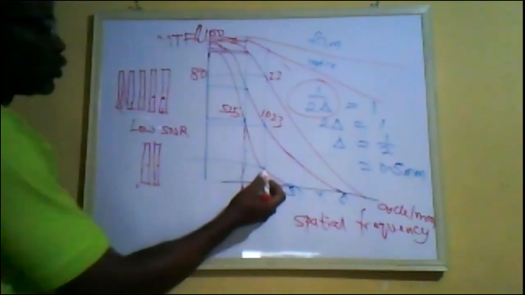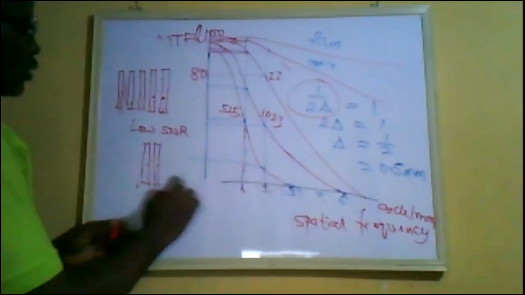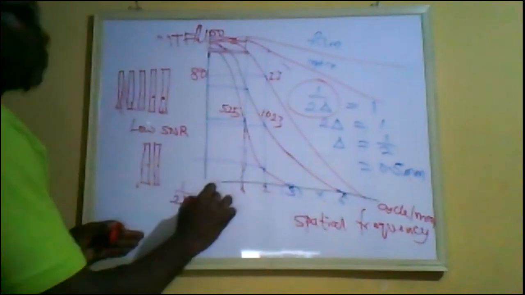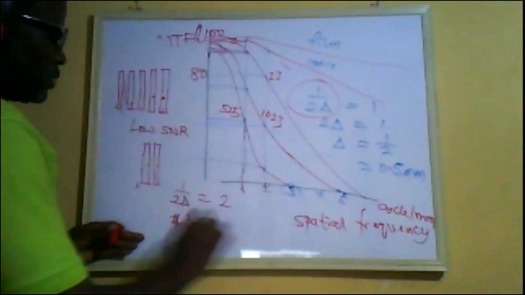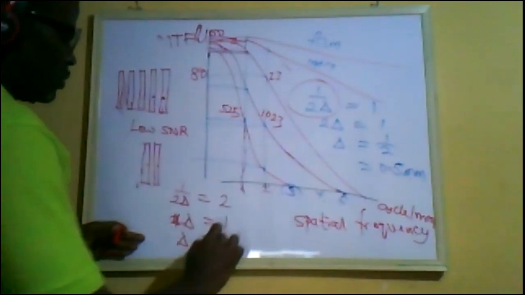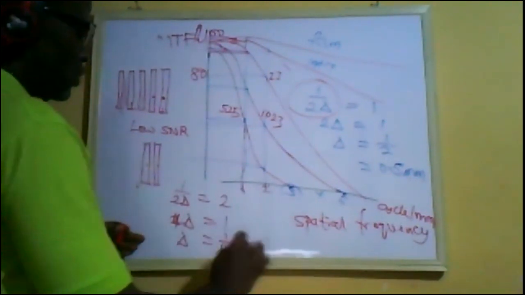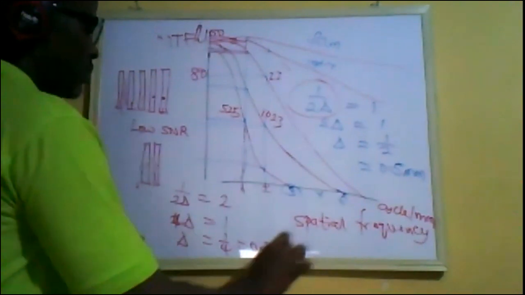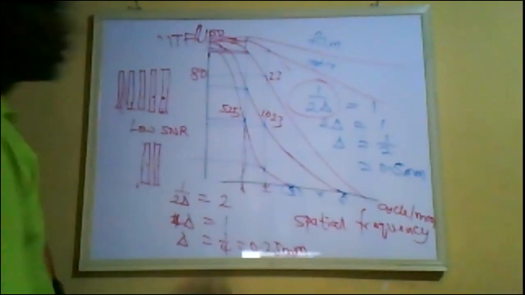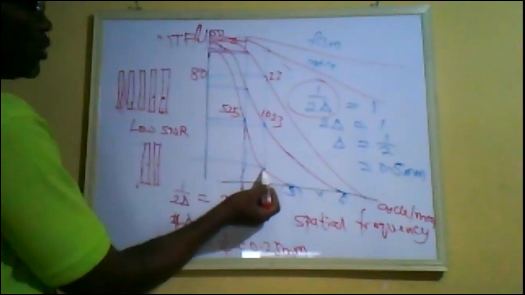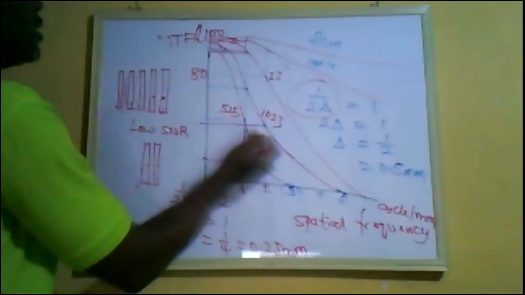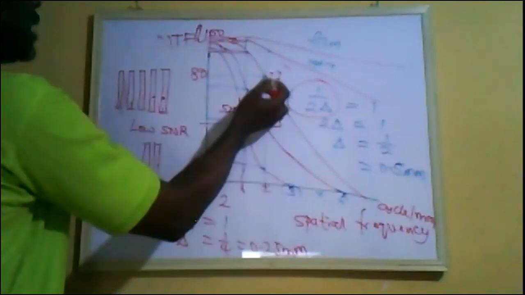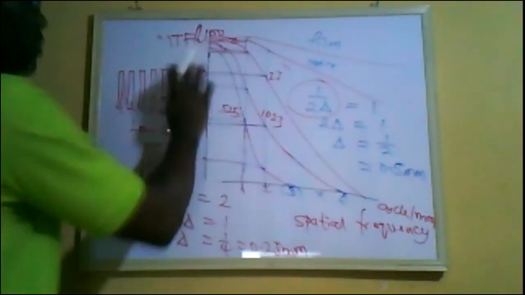If we go to 2, 1 over 2 times 2 will give us 1/4, which is 0.25 millimeter. So for an object which is 0.25 millimeter, this one is going to give us a particular value here. Not so wonderful. This one is not as good as the II, close to around 80 based on this diagram.